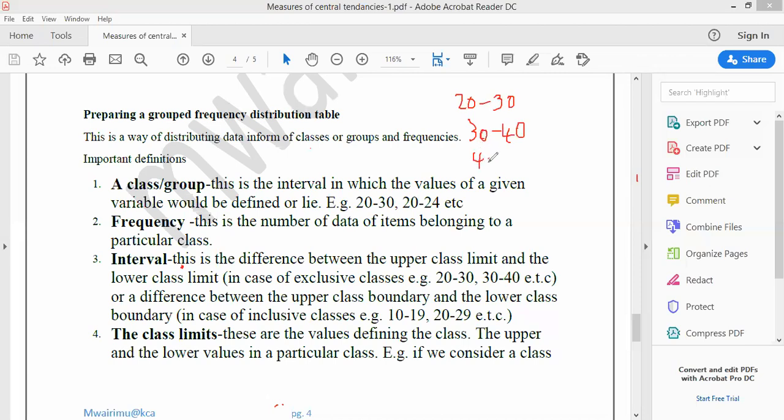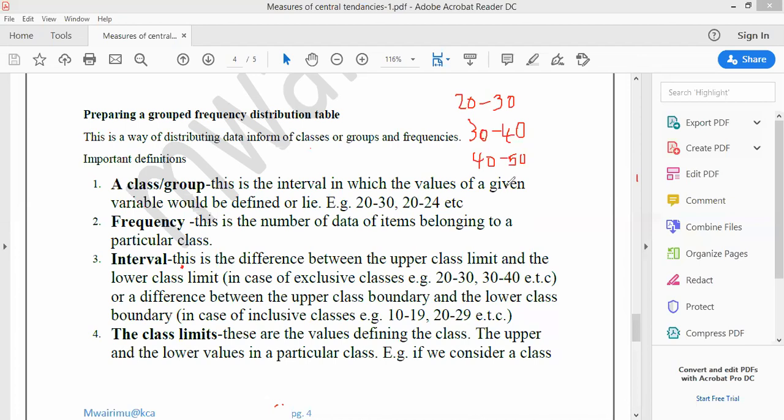Of course, it will be guided by how many data values you are representing, what is the smallest value in the data, and which one you can call the largest value in the same data. Assuming our values are ranging from 20 all the way to 50, they would fall in our three classes here. But assuming we had values lying between, let's say, 20 and maybe 100, of course, we would have continued defining our classes until we are able to cover the largest value in the data.